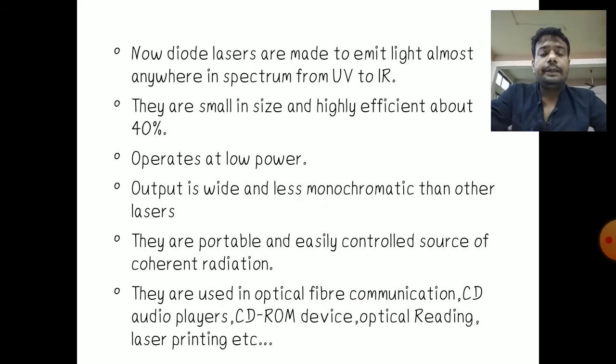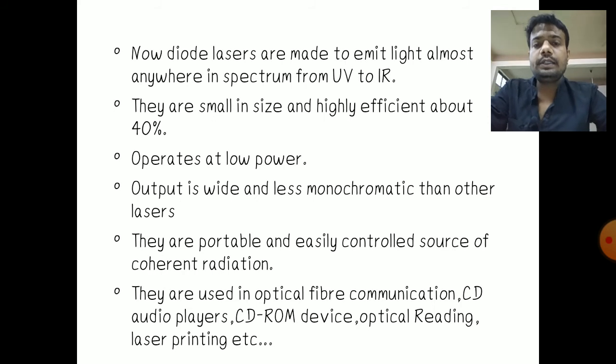In this slide we will discuss some properties and applications of semiconductor lasers. Nowadays diode lasers are made to emit almost anywhere in the spectrum from ultraviolet to infrared region.